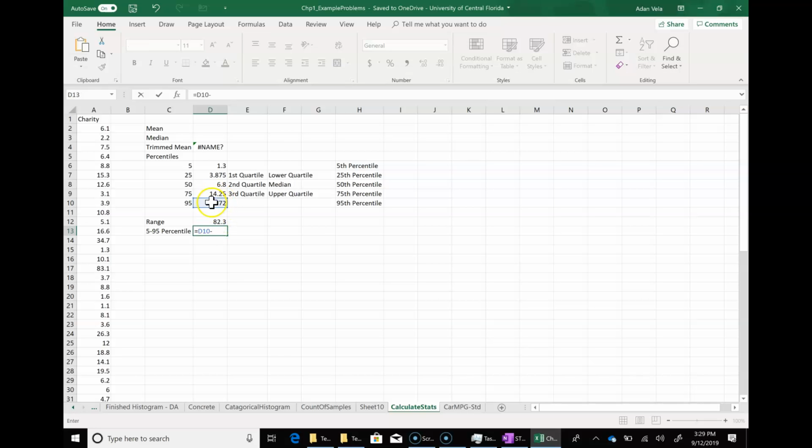I'll just take the 95th percentile and subtract off the 5th percentile. That gives me some idea that around the median of 6.8, 90% of my data lies within 25% of each other. It's useful to know.